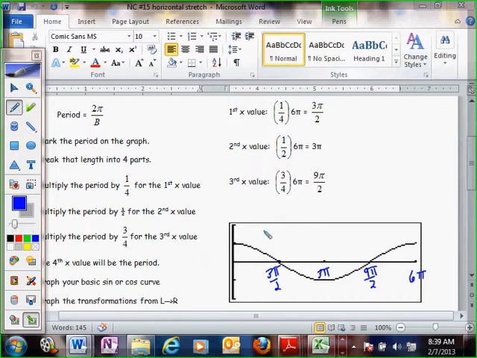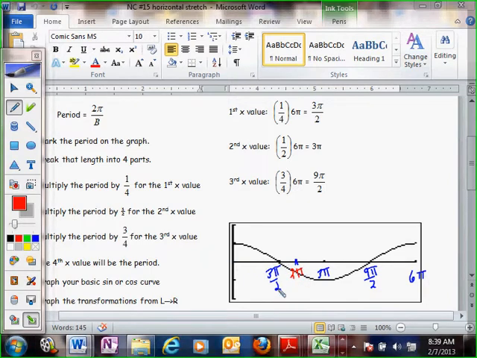And I will say that something you may or may not have noticed, when you have a value in front of x that's a fraction, it looks like we have a horizontal stretch here. We had a fraction in front of x, and that stretched us out because remember, if this is 3 pi, 2 pi would have been right in here somewhere.